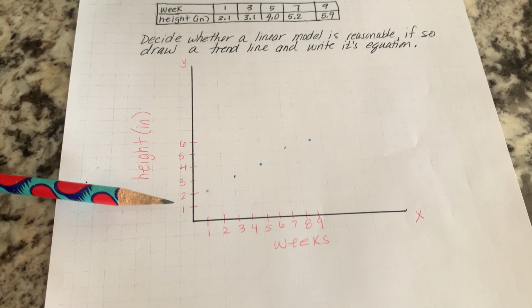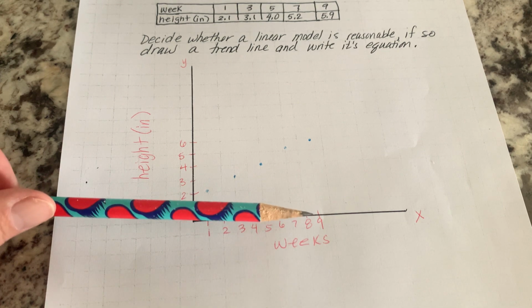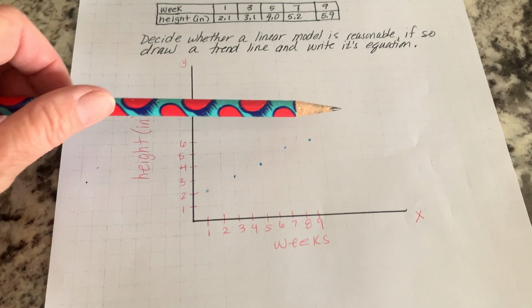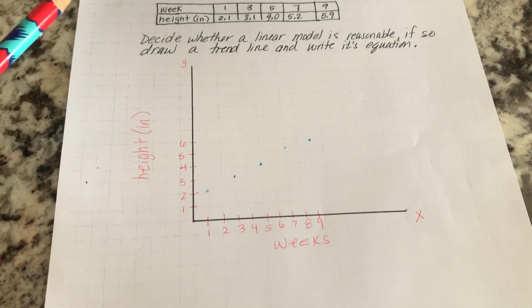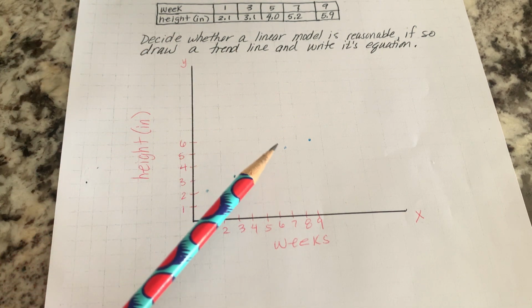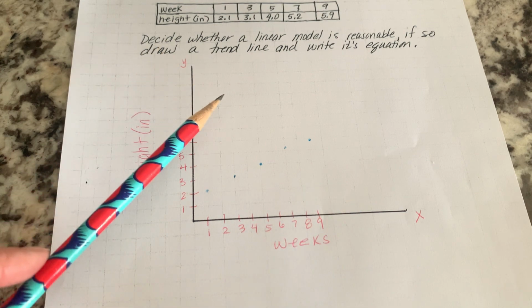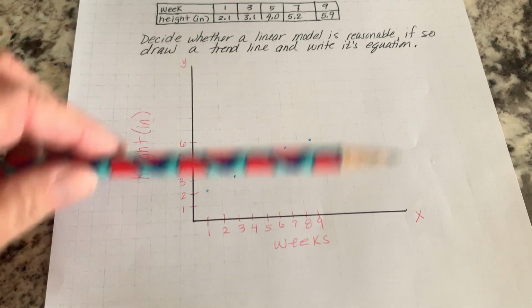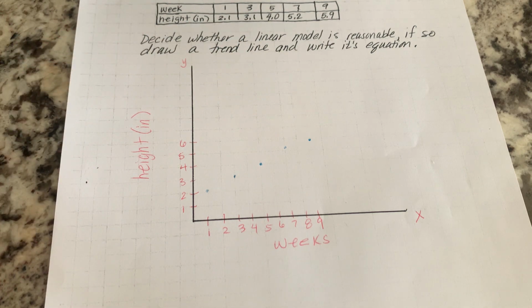As you're going farther in weeks, the height is going up, so they're going together in a positive correlation. If the dots were coming down together in a linear way, it would be a negative correlation. And if they're scattered all over the place, then it's no correlation. You probably remember that from a previous class. But these do look like they have a correlation.